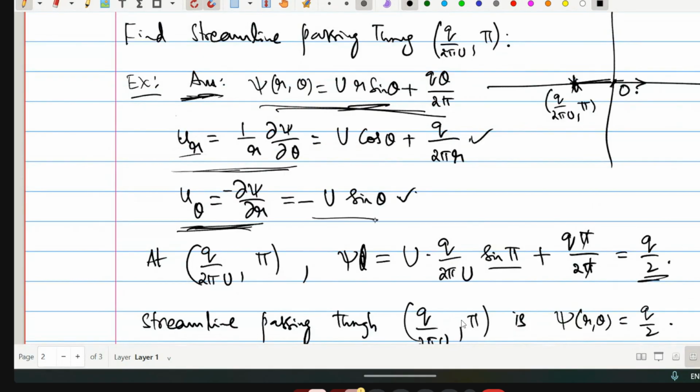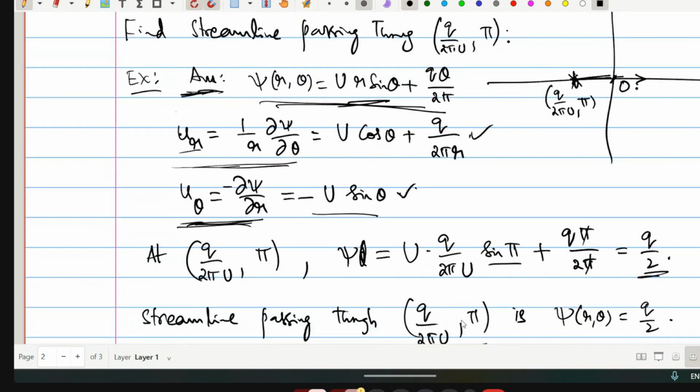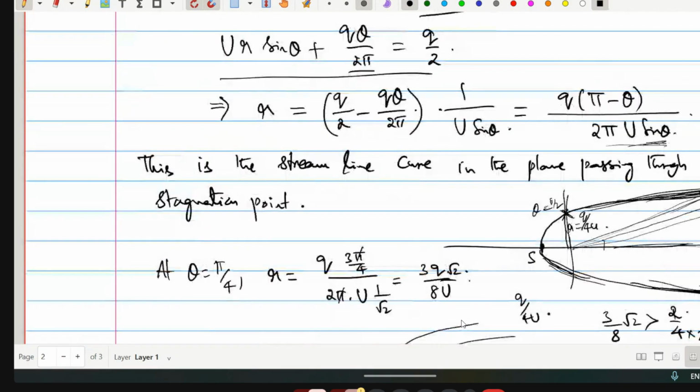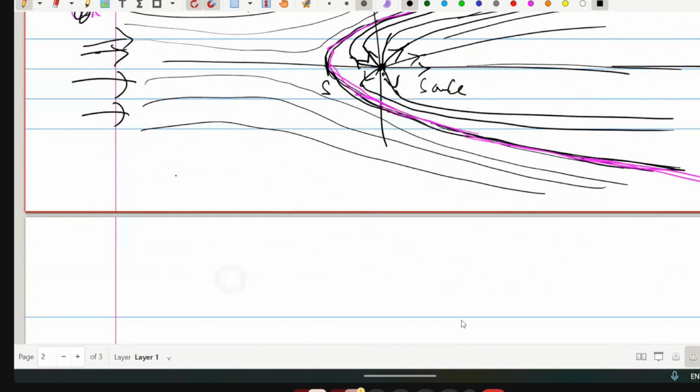So U theta is minus U sin theta. Clockwise, anti-clockwise, you don't worry, because it is not rotating. Whether it is moving away or not, you can see from UR, U cos theta plus Q by 2 pi R. So this is your UR component.